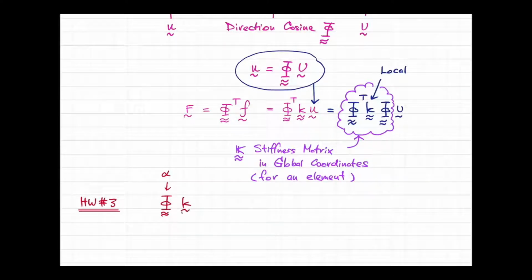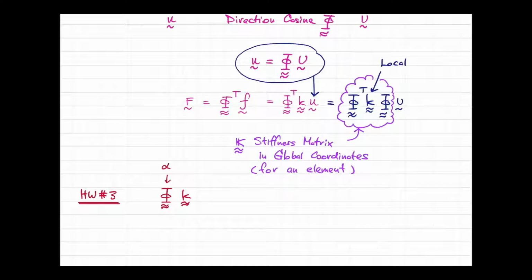That lowercase k is actually the EA over L, 1 minus 1, minus 1 1. This is for a truss element, right, as you know. This is transpose and then phi. So get the final form of this.